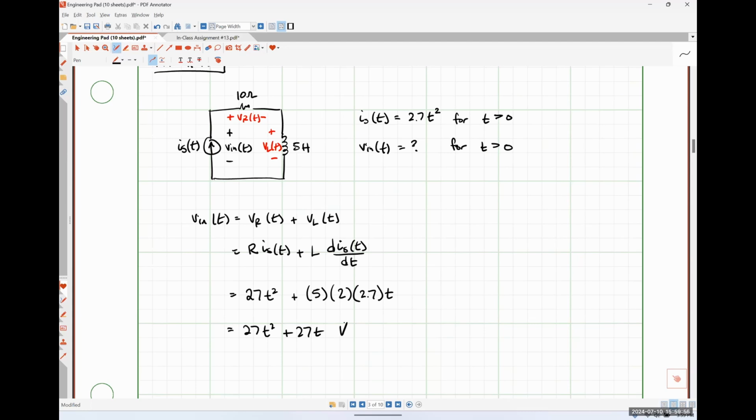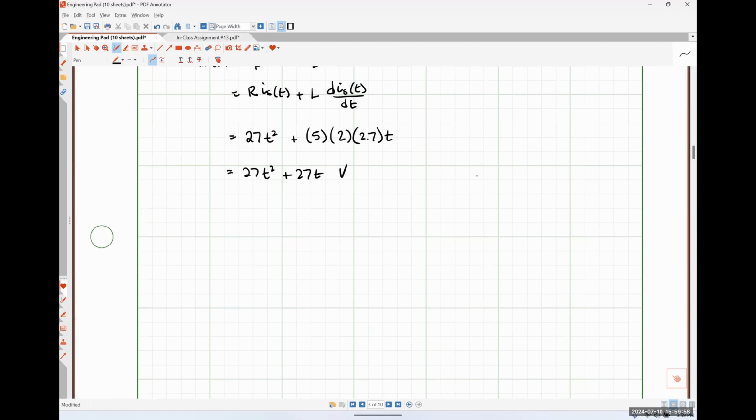So let's look at it really quickly if you have a moment. We've got this voltage Vs of t, this current In of t that we're looking for.